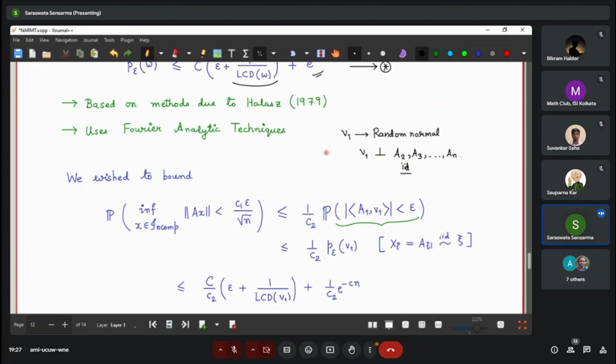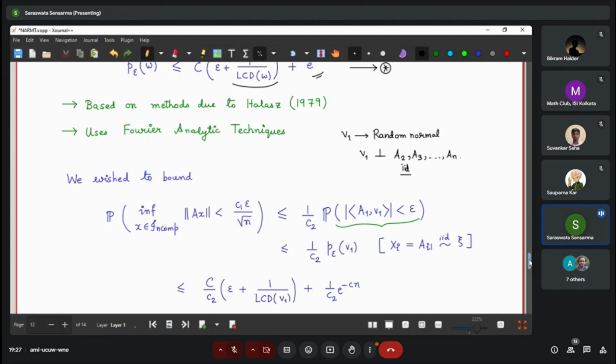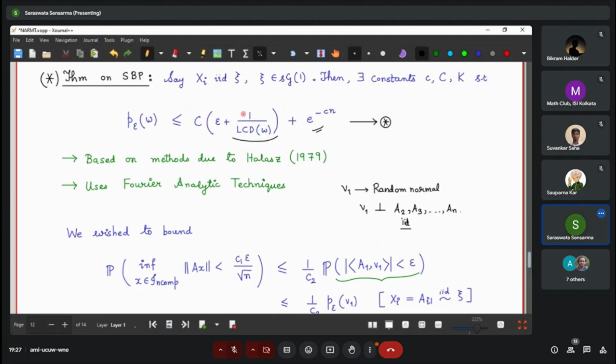So if I look at the perpendicular vector, it's quite intuitive to expect that it won't have any arithmetic structure, which means this denominator, the LCD, would be large, which means we would get a good bound on our small ball probabilities, and we would get a good bound on this guy. Correct?